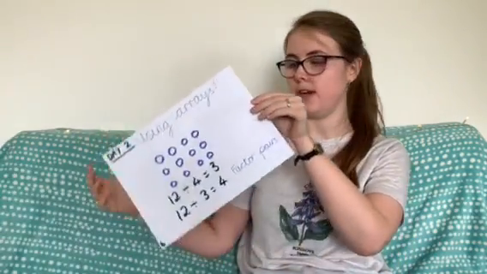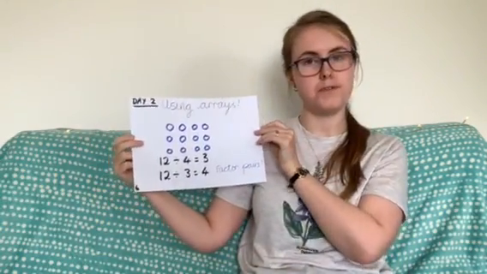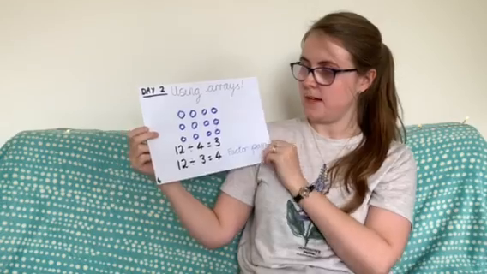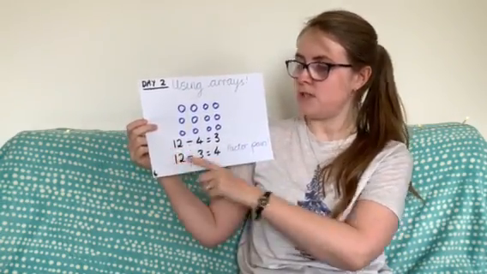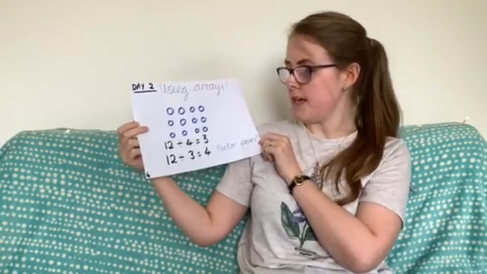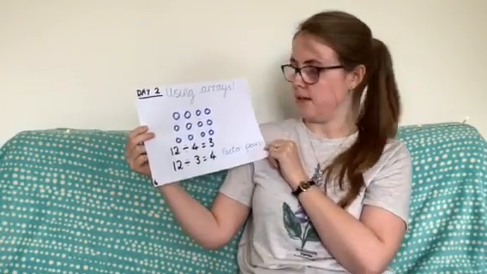So that's day 1. On day 2, you're getting extra practice, you're still going to be using arrays to solve division number sentences. So I've got a different set of arrays here, and these are 2 division number sentences that we could write from this set of arrays.